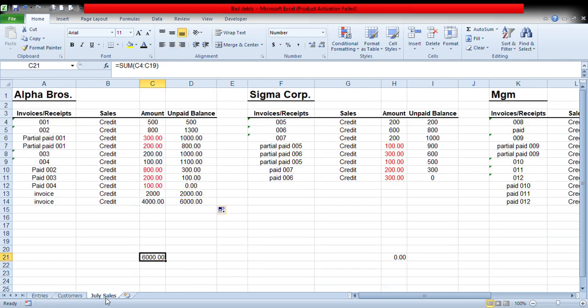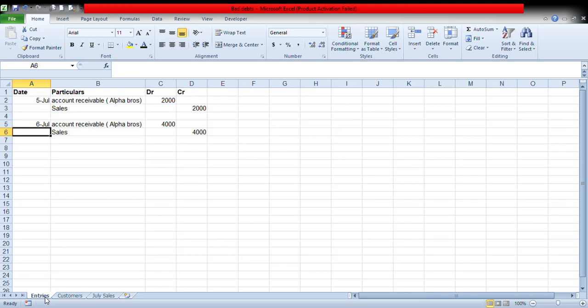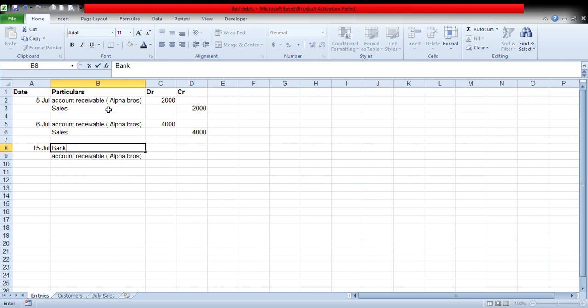Now, for example, on 15th of July, this customer, Alpha Bros, paid me. So the entry will be receivable debit, bank credit. For example, a partial payment.